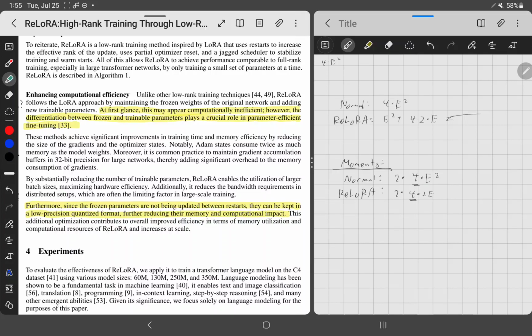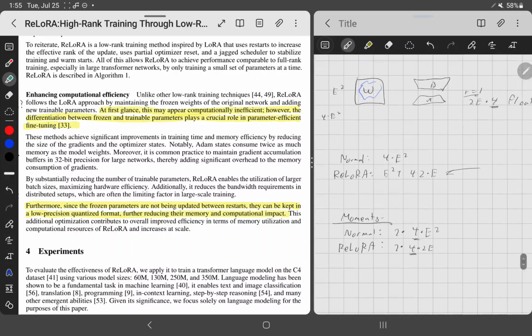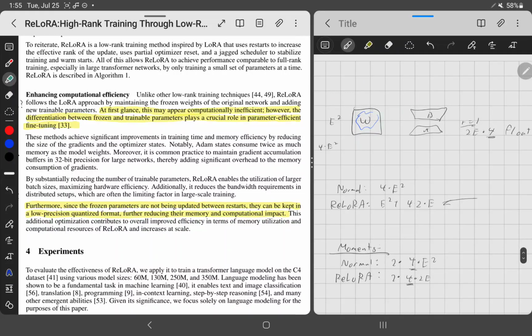You can see that this is definitely a lot smaller still. So two pluses: you don't have to store your moments for your full rank matrix, and you can quantize your full rank matrix.